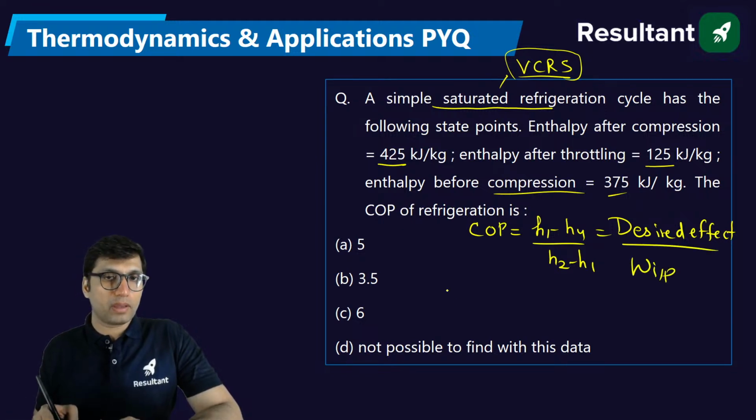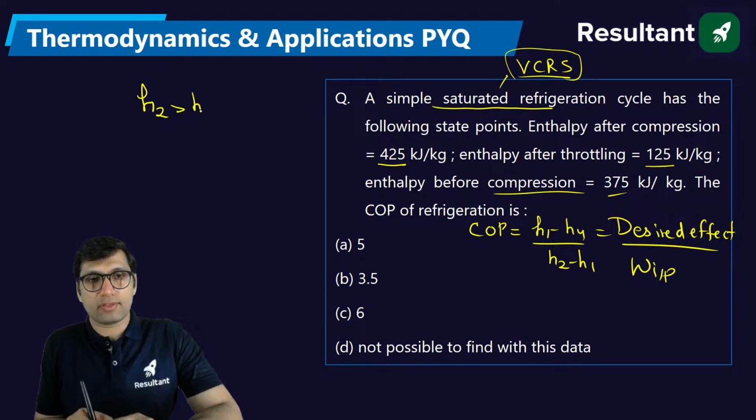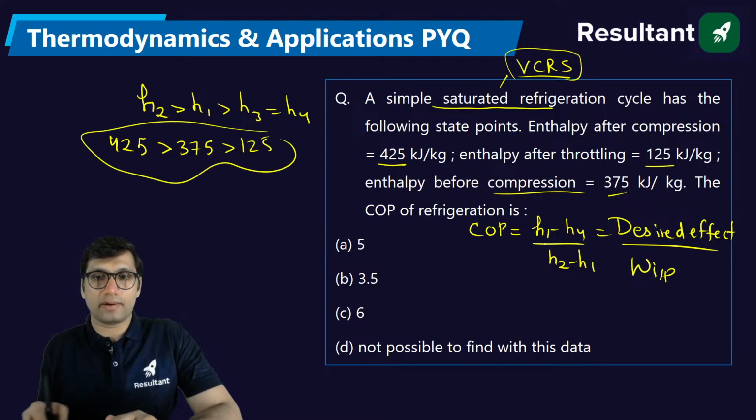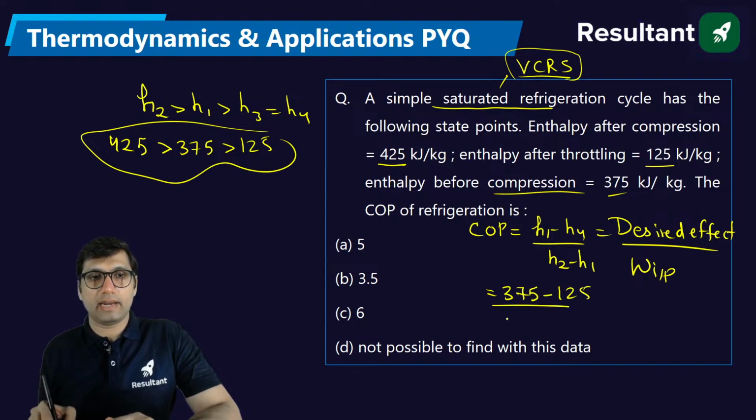And you know the relation between the enthalpies, that is H2 is more than H1 and H1 is greater than H3 equal to H4. What is the largest value of enthalpy? That is 425, that becomes H2. Then the middle one will be 375, the smallest is 125. Just put the values in this formula, you will get 375 minus 125 divided by 425 minus 375.